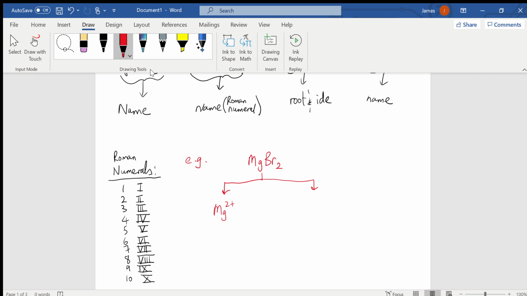And the anion in this case is bromide. That's monatomic. It's just going to be Br-. I have a separate video on predicting charges, so we won't go over that here. We're just interested in naming. So this is constant charge. So we would just name that the same as the element.